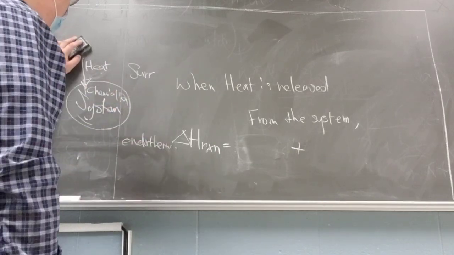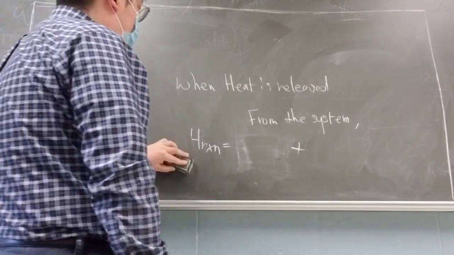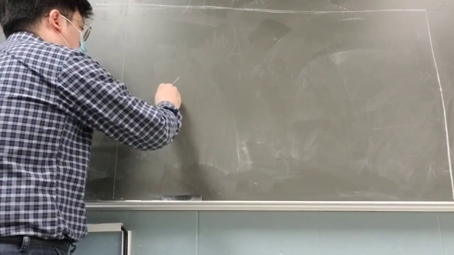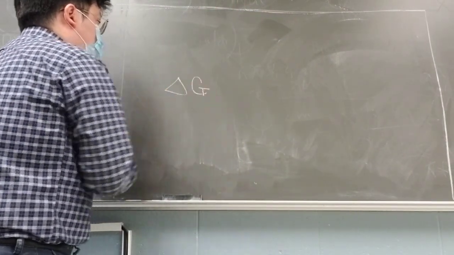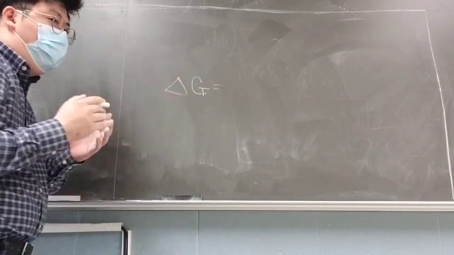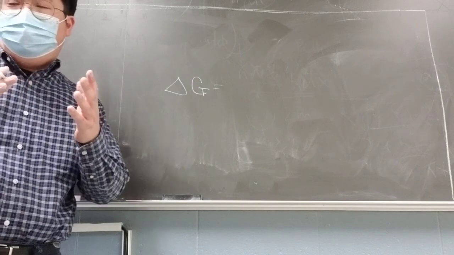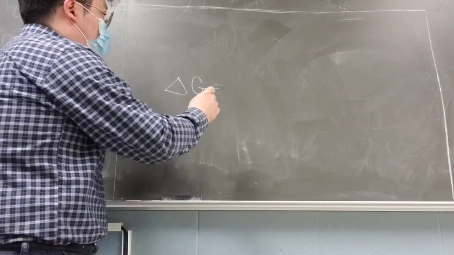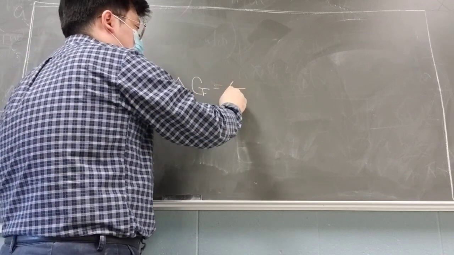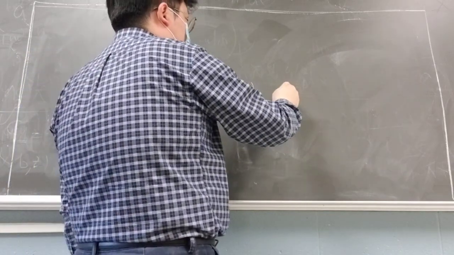Okay? There's a couple more things I want you to remember. One more thing is the Gibbs free energy. Gibbs free energy simply tells you how spontaneous your system or your reaction will be. So if your Gibbs free energy change is negative, it means your reaction will be spontaneous.